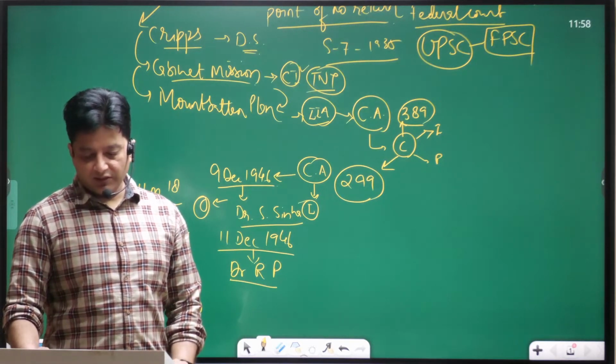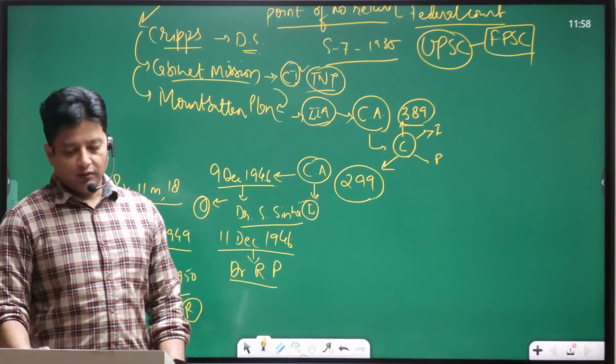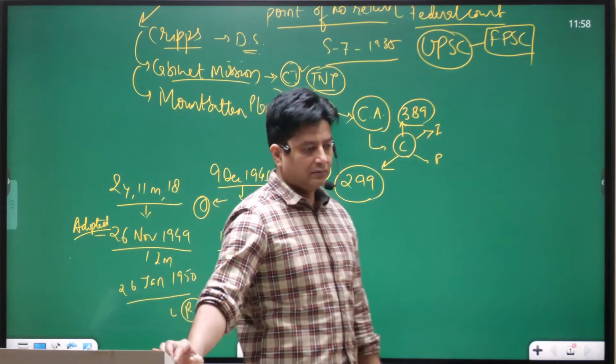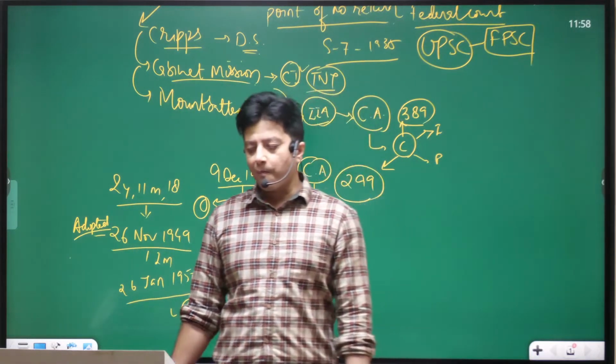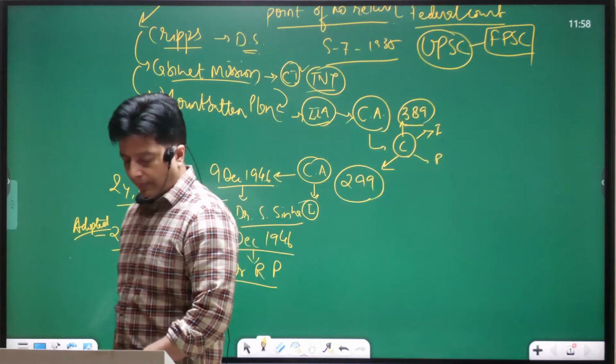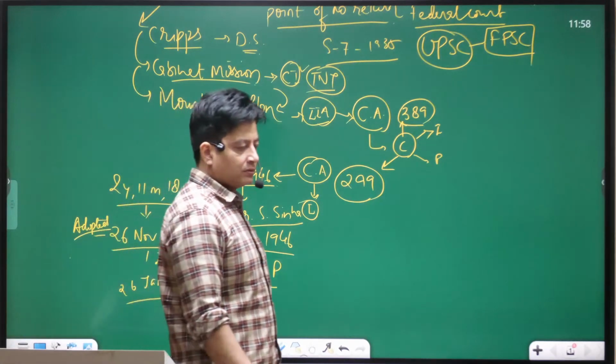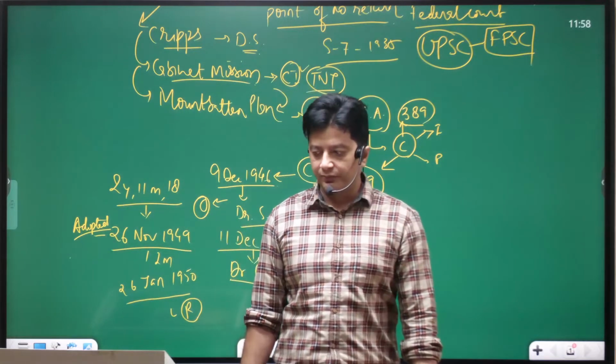Number one, Government of India Act 1919. It is also known as the Montagu-Chelmsford Report.